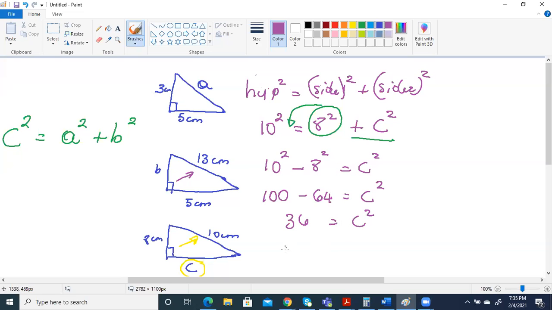And then we need to find the root of both sides. And the root of 36 is 6 centimeters. So C is 6 centimeters.